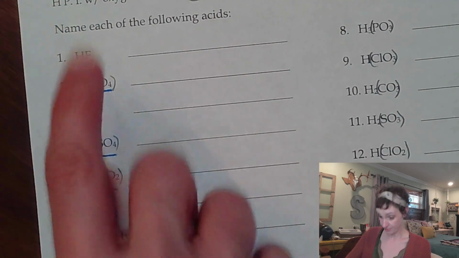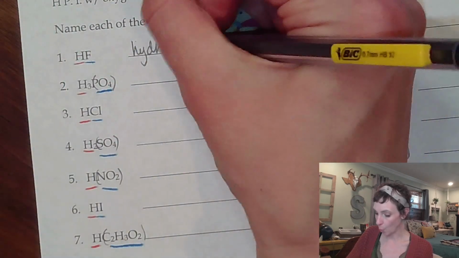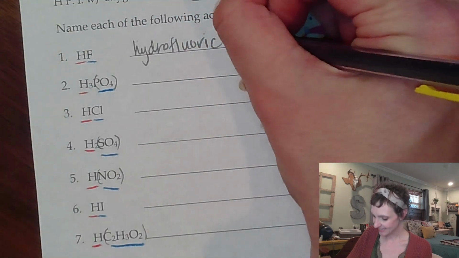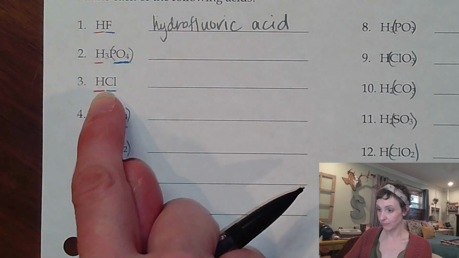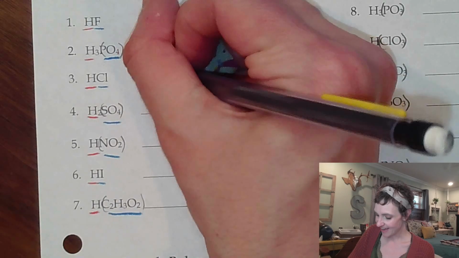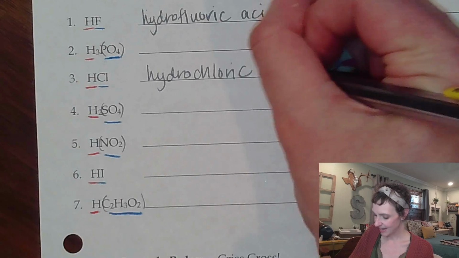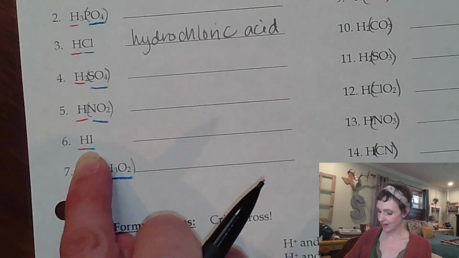So this is hydro, and it is fluorine, so fluor, ic acid. Let's find another one. Chlorine. So hydrochloric acid. There we are.